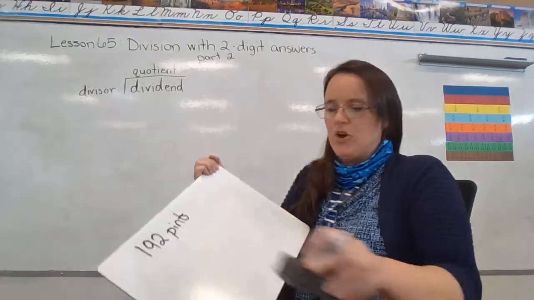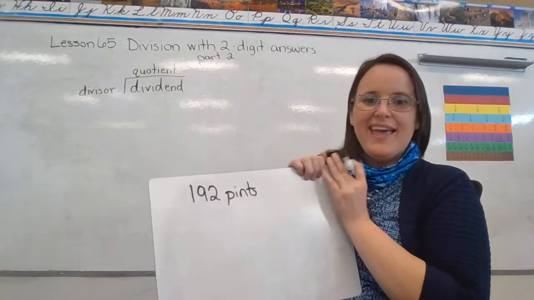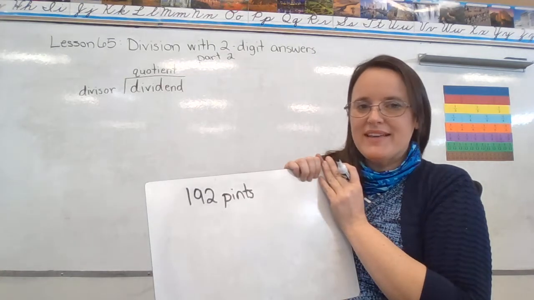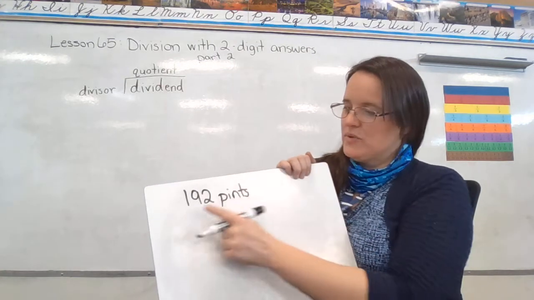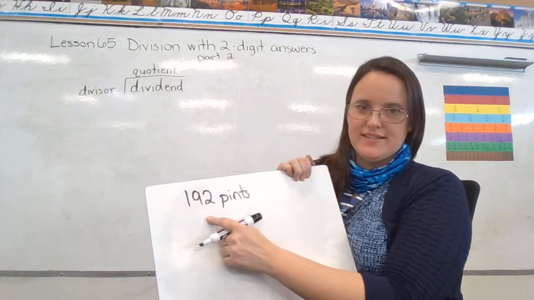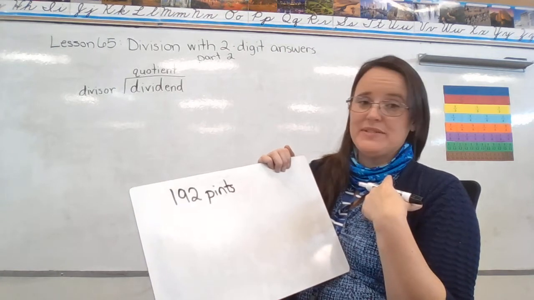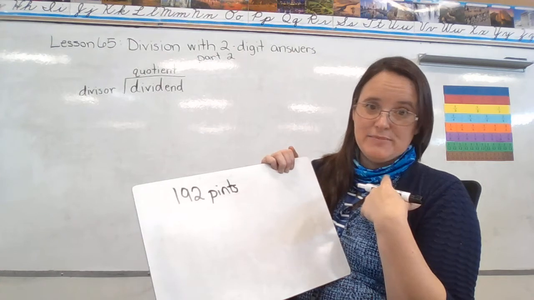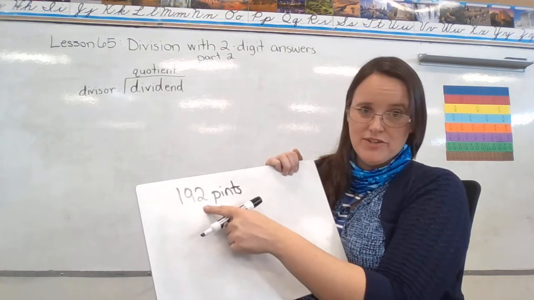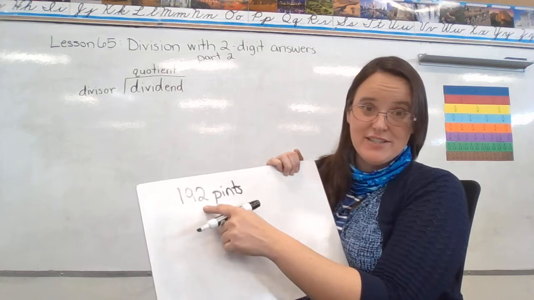So I have 192 pints. I want to know how many quarts I have, and I'm estimating. So we want to round this. If I were a student doing this problem, I would say I want to make this as easy as possible. I could round it to 190, excuse me.